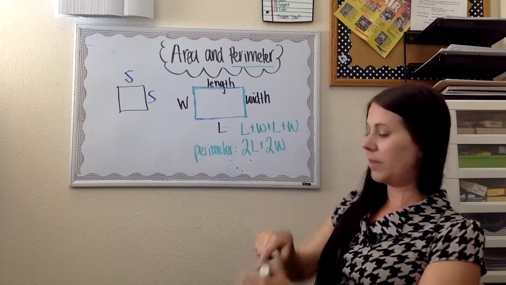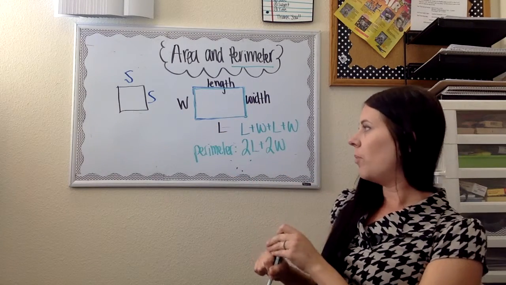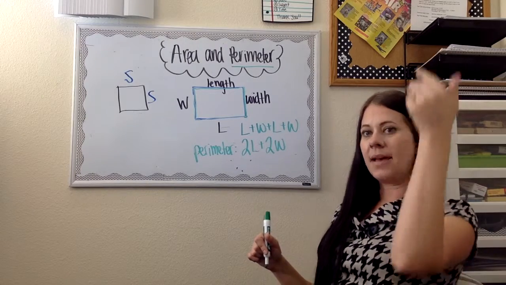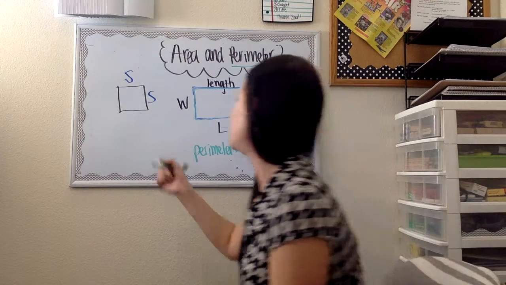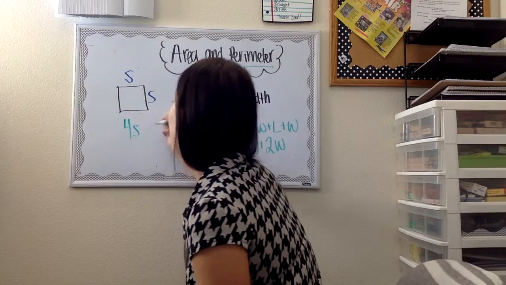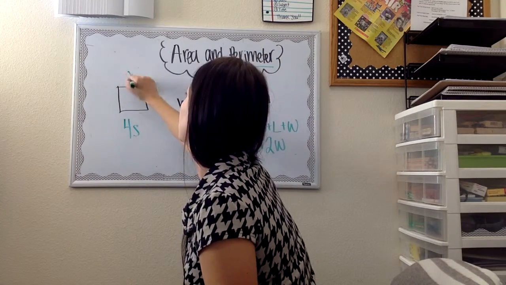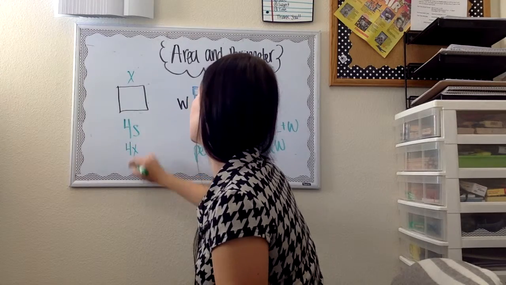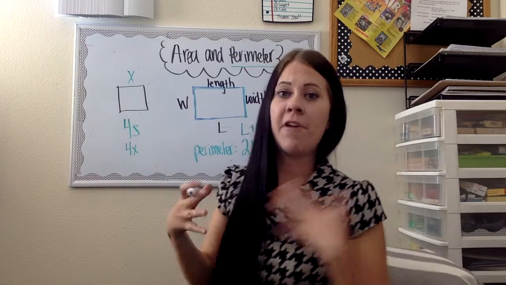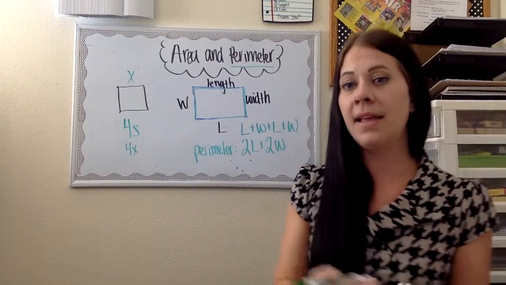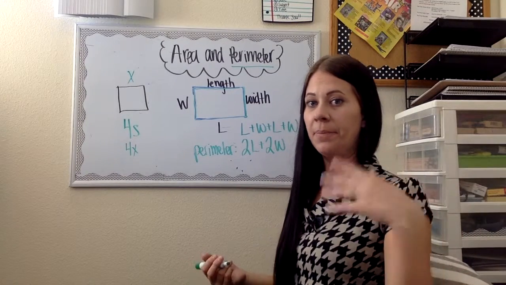So over here with our square, we would do s plus s plus s plus s. A way to think of it would be 4s. Now they can make this side an x, and we would say 4x. Okay, whatever variable they use to tell you that side length, you're really doing 4 times that number.